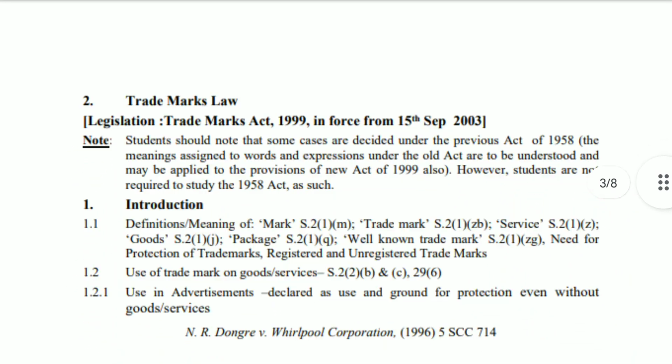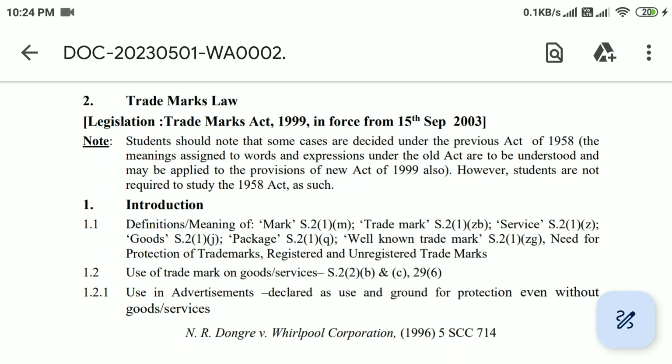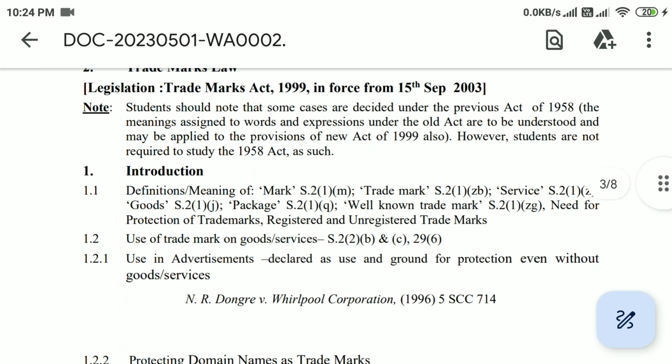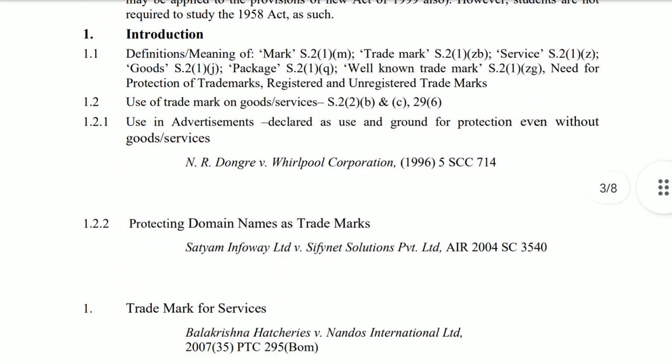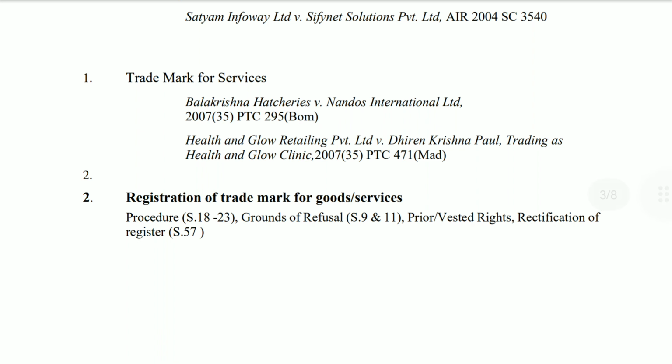Definition of mark is in section 2(1)(m), and for the registration of trademark you have to read sections 18 to 23, and the grounds of refusal of trademark are given in sections 9 and 11.